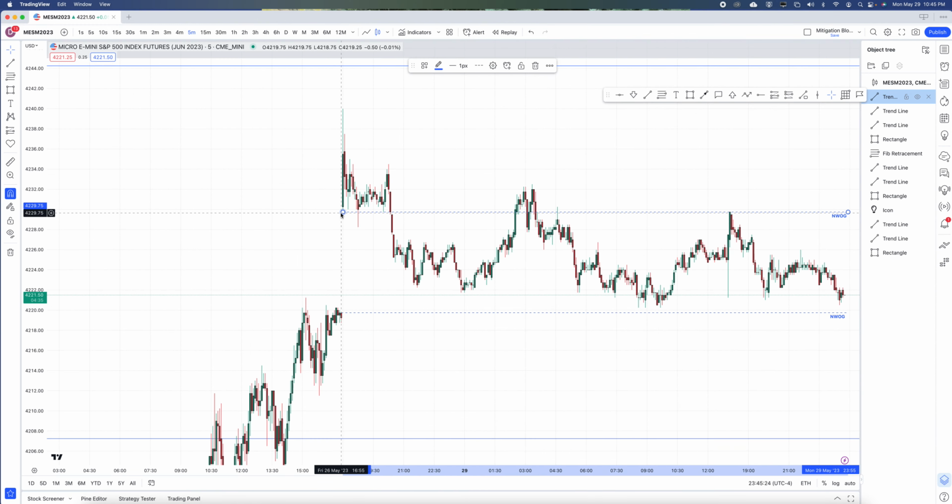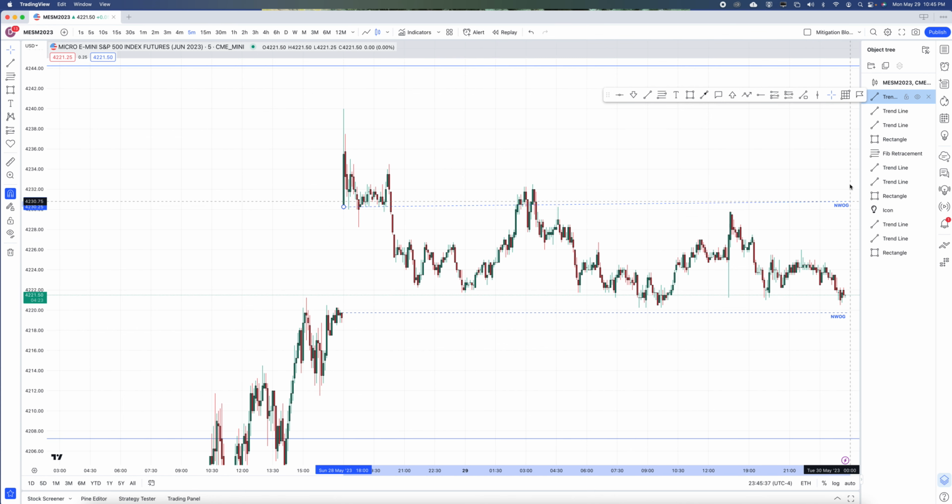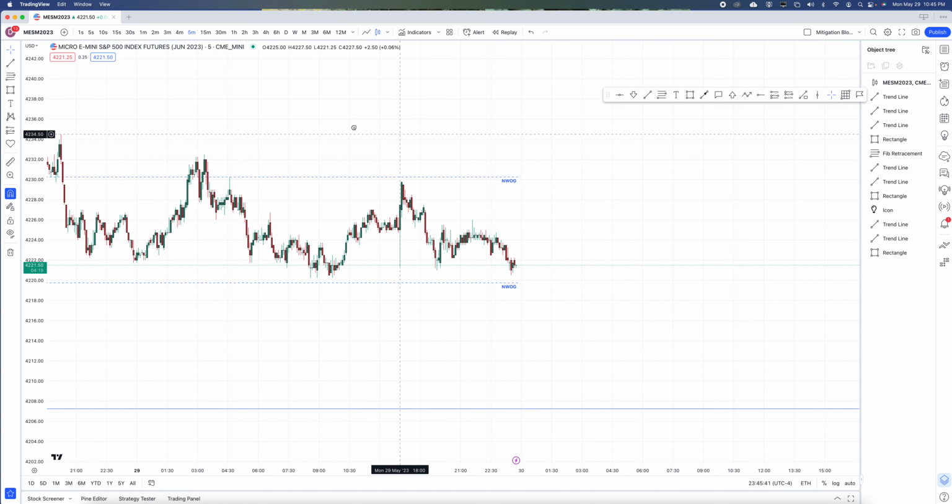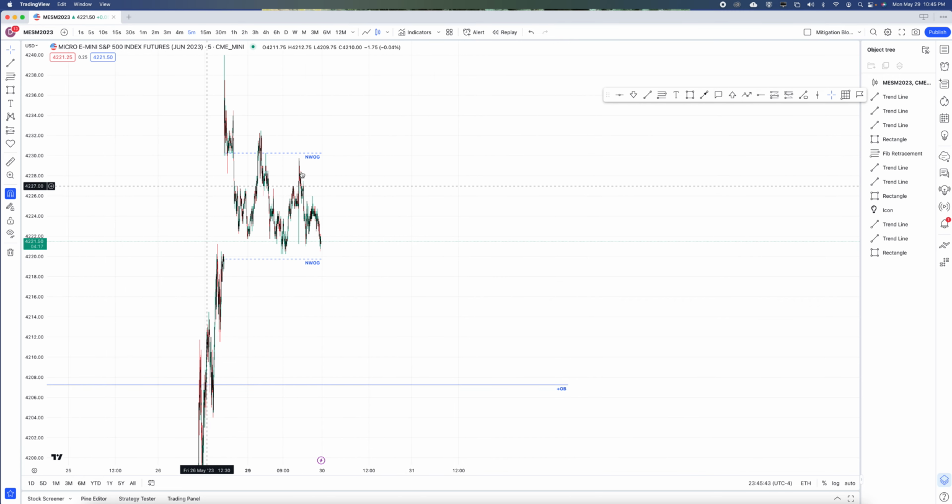Notice how they opened it here. So the opening on this candle is 423025. And as you can see here, I got the trend line tool just like that. Shift, snap it straight, and we're going to go all the way out to Friday.